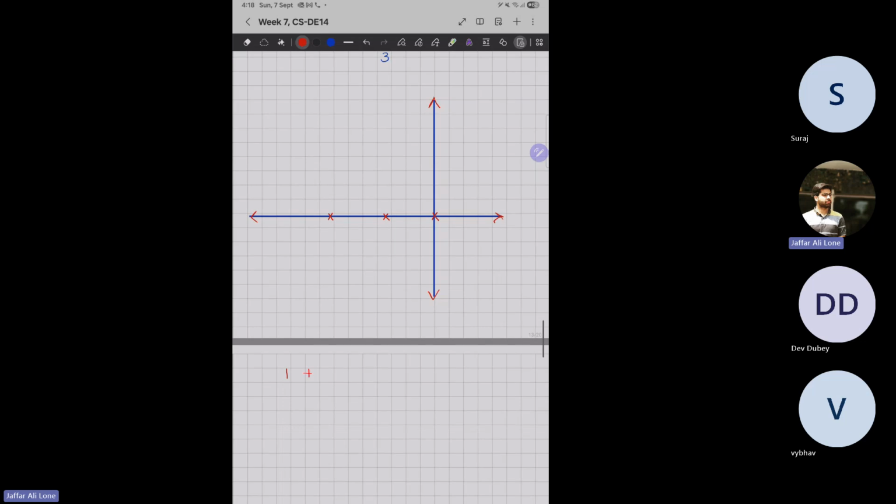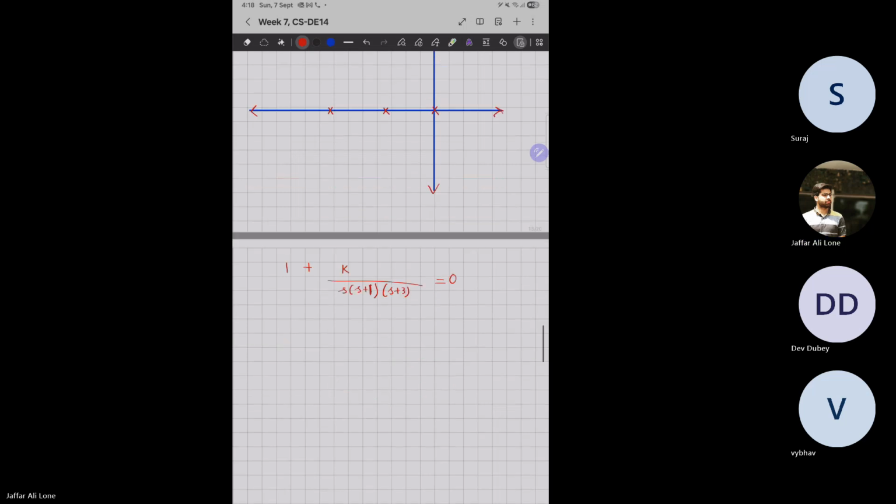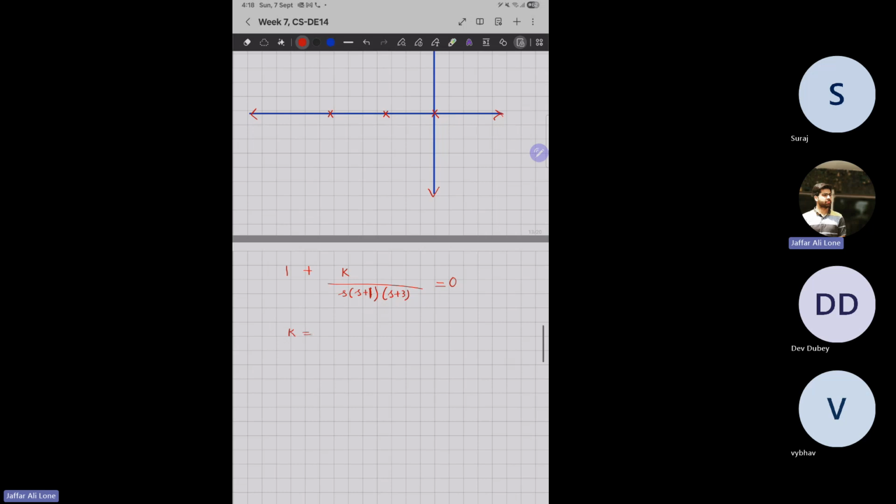So 1 plus k into s plus 1 into s plus 3 equal to 0. You will find k equal to minus s cubed plus 4s squared plus 3s. dk by ds equal to 0 implies s, I'll directly write the values, minus 0.45 and minus 2.21.